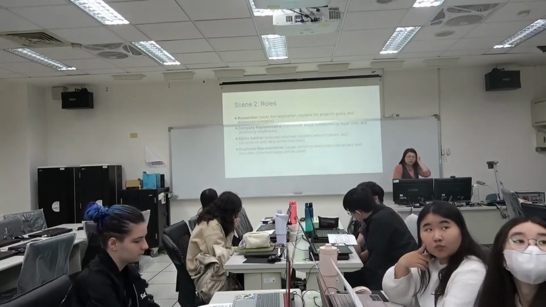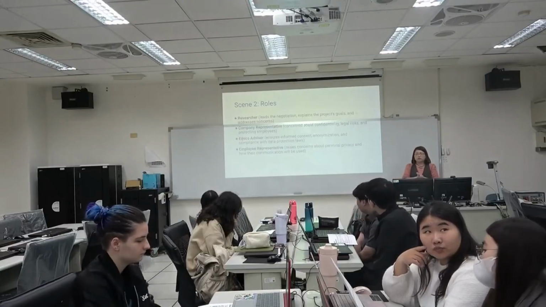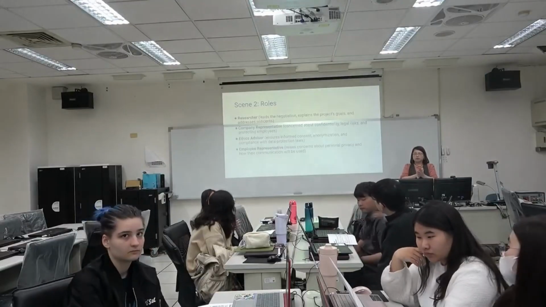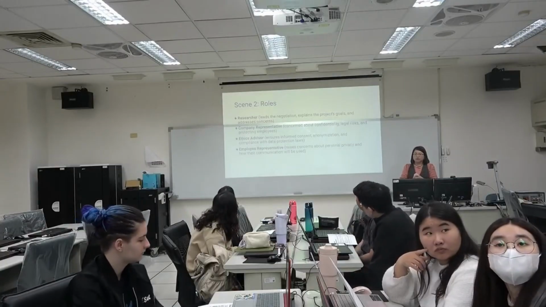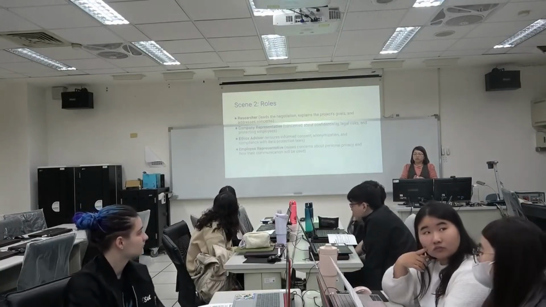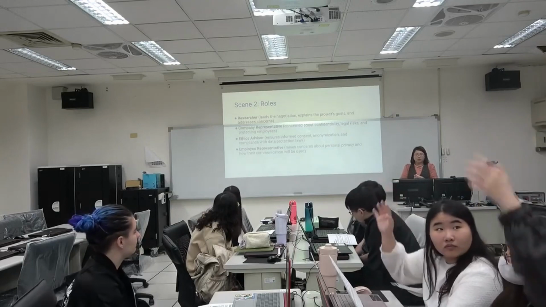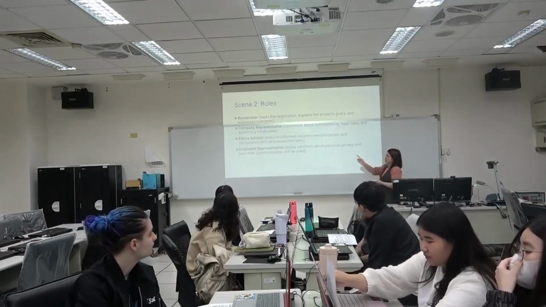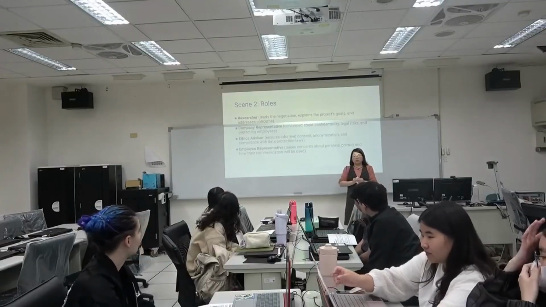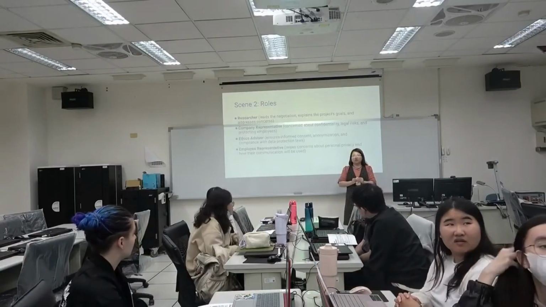We have researcher. Who is the researcher? Which group? Researcher group. We have the company representative. Who is the company representative? Okay. Who's the ethics advisor? Do you think who hired the ethics advisor, the company or the researcher?